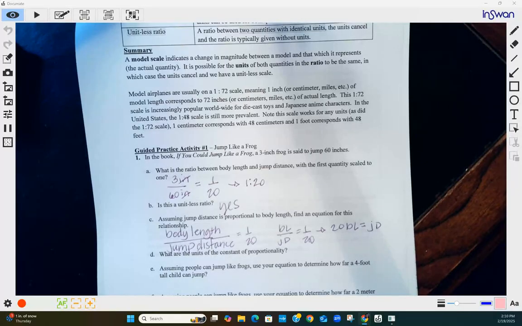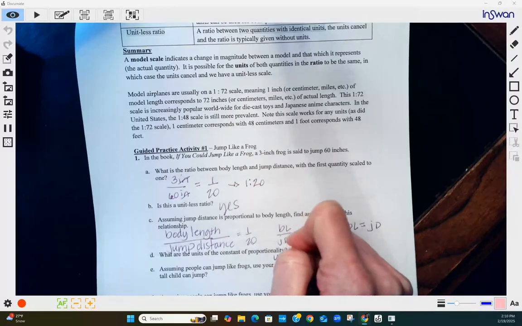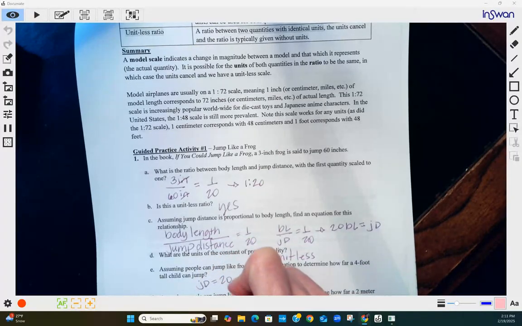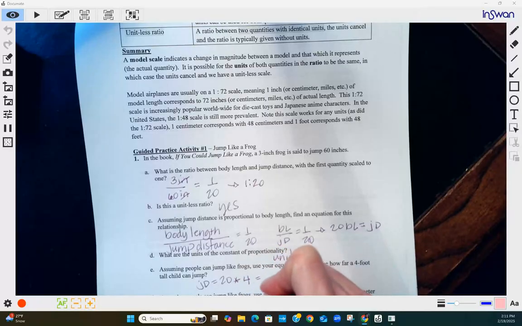What are the units for this constant of proportionality? Again, it's unitless. Assuming that people can jump like frogs, use your equation to determine how far a 4-foot tall child can jump. So if we use this formula, the jump distance equals 20 times the body length, which is 4, so 80 feet.